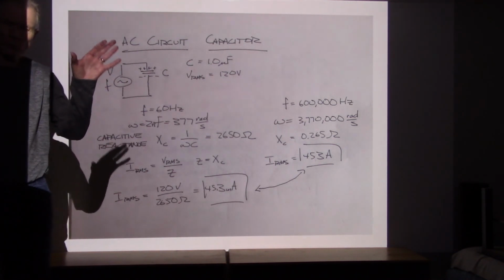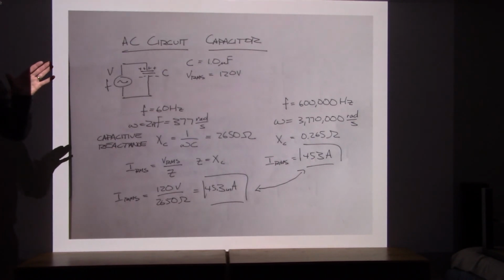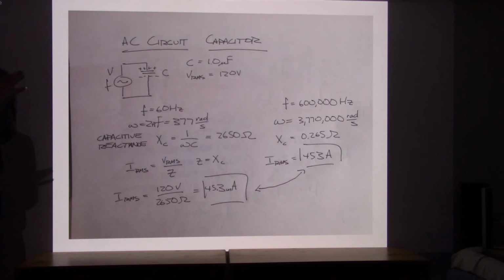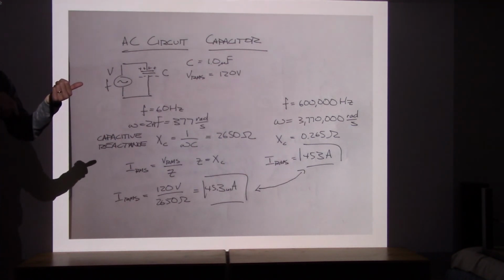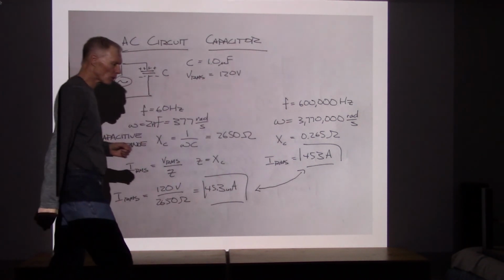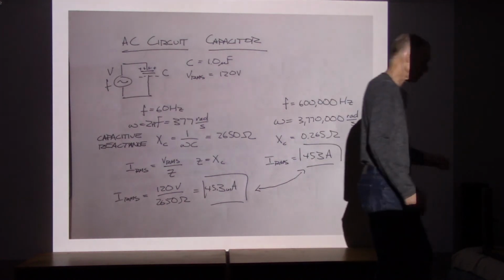What we can do is we can use capacitors to filter out the low frequencies, and we can use inductors to filter out the high frequencies, and we can shift their values back and forth. Again, we can treat them as a tuner, where we're looking for a particular frequency that's a compromise between what the capacitors like and what the inductors like. All right, so that's our capacitor example.